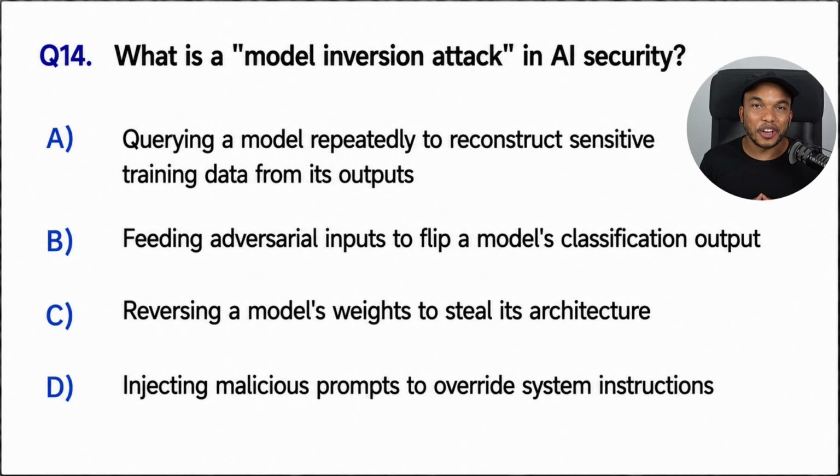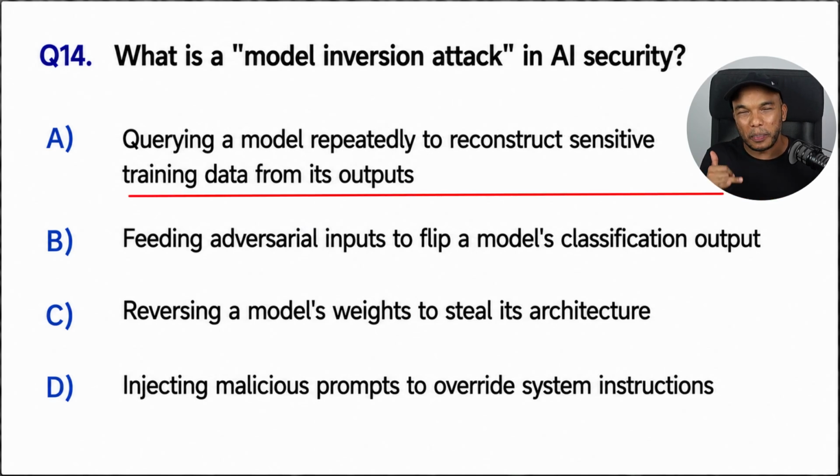And the answer here is going to be A, querying a model repeatedly to reconstruct sensitive training data from its outputs. Now, this is one of the more common attacks. It has actually occurred several times already. What happens here is that the malicious attackers can't see the actual raw data with which the AI model was trained.